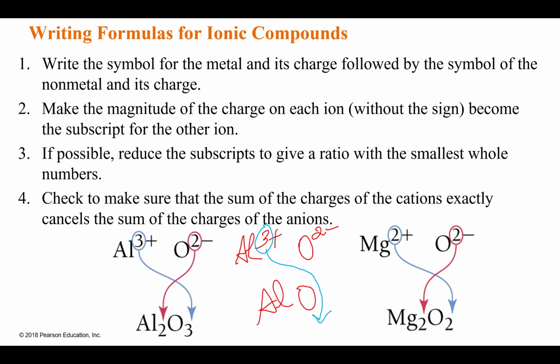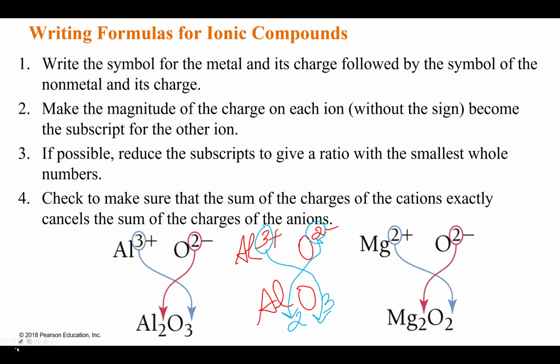Then I'm going to take the magnitude of the charge for the oxide ion, and I'm going to make that the subscript for aluminum. So as a result, I end up with Al2O3. That's how you can come up with a formula.